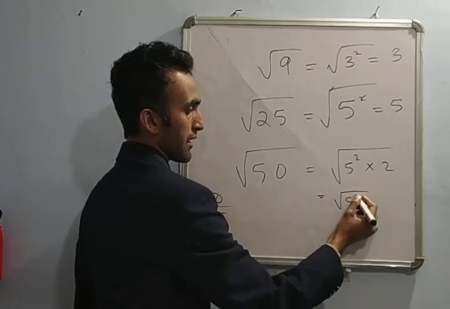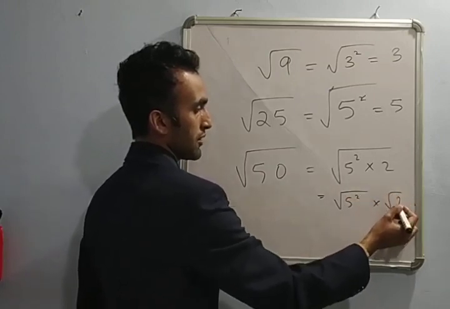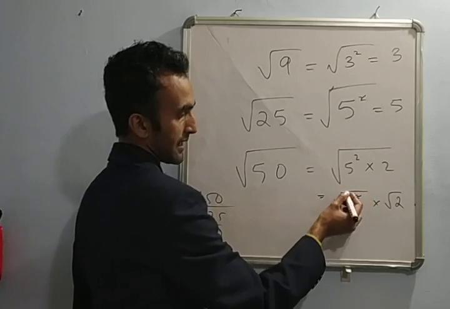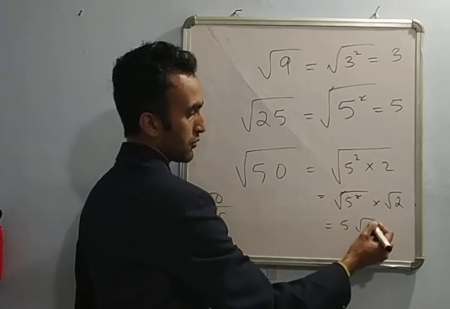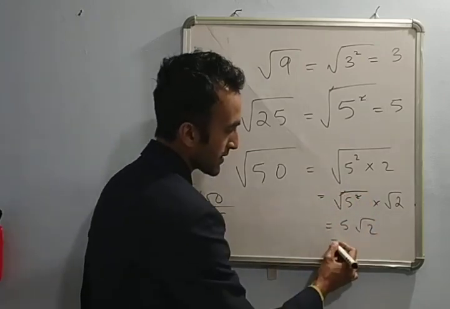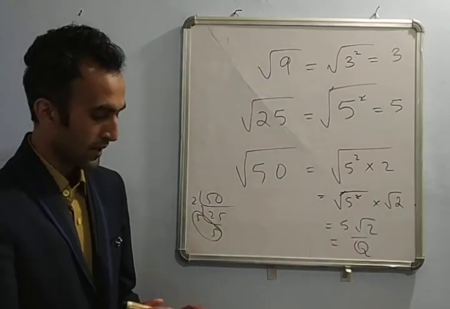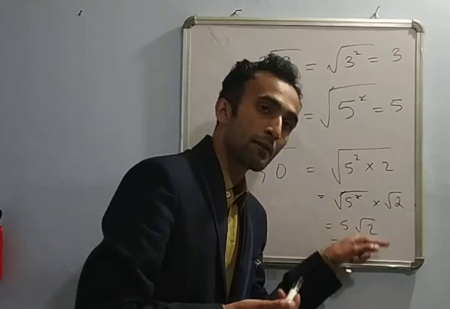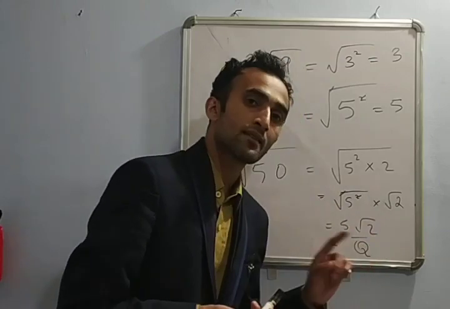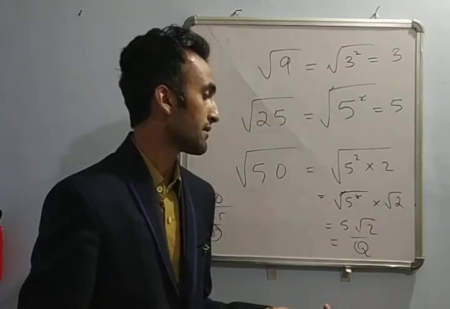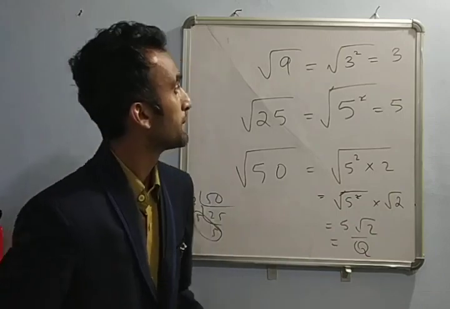Square root of 5 square into square root of 2. Now square root of 5 square cancels. 5 root 2. Rational or irrational? This is irrational. I already told you, rational multiplied with irrational, output is irrational. Remember, this is irrational.